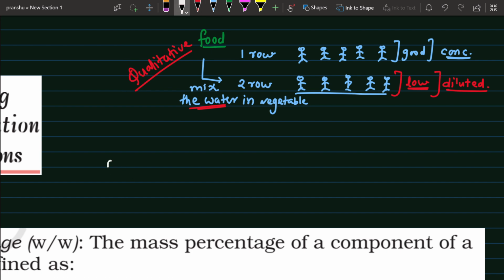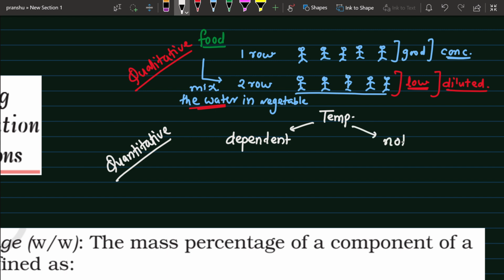To quantify it, we have to use different terms. These terms are divided into two categories: one is temperature dependent and the second is temperature independent.